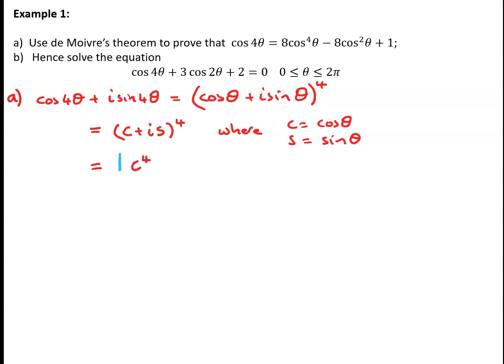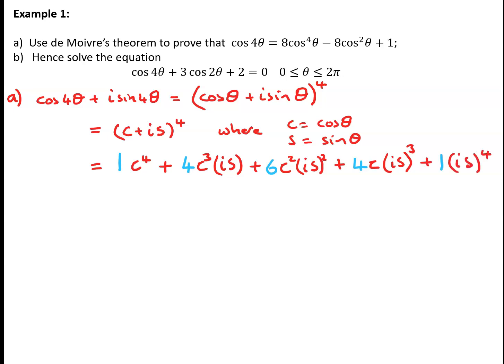Using Pascal's triangle, that's 1 lot of c to the 4 plus 4 lots of c cubed times is plus 6 lots of c squared times is squared plus 4 lots of c times is cubed plus 1 lot of is to the power 4, which is c to the 4 plus 4i c cubed s minus 6 c squared s squared, because i squared is minus 1, minus 4c s cubed i, because i cubed is i squared times by i, which is minus i.